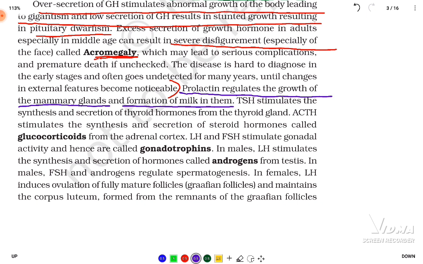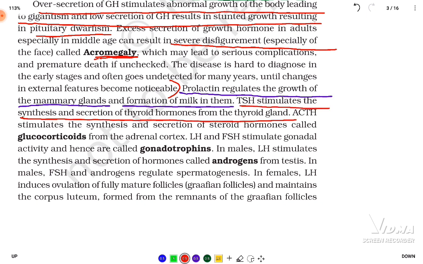Now ACTH is adrenocorticotrophin hormone. Adrenocorticotrophin hormone is going to stimulate the synthesis and secretion of the steroid hormones called glucocorticoids from the adrenal cortex. I hope TSH, that is thyroid stimulating hormone, is clear for you.